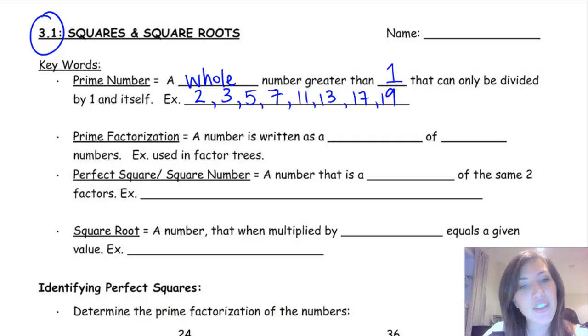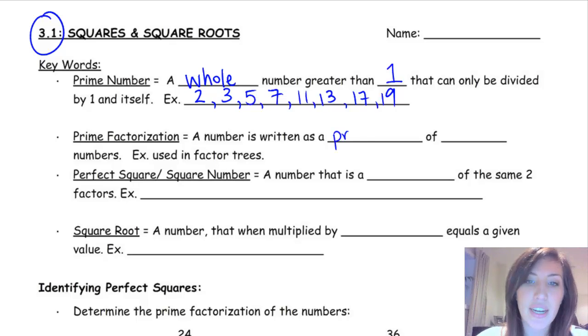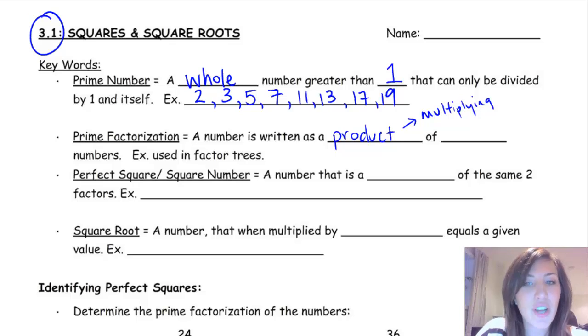Now we can factor prime numbers, and that is simply a number written as a product. So remember that product is multiplying, and we're talking about the product of the prime numbers. We use this often in factor trees.